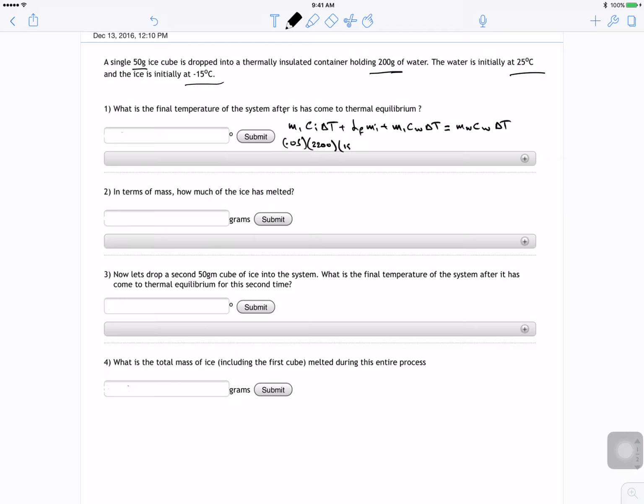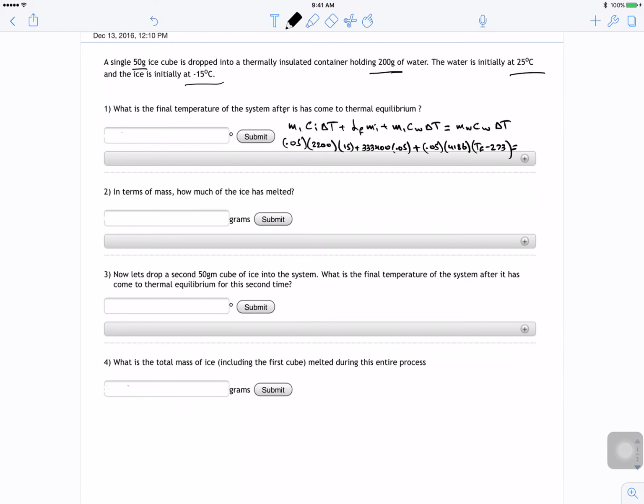So the difference is 15, plus 400 times the mass of the ice, which is 0.05, plus mass of the ice 0.05 times 4186 times delta T. Delta T is going to be going from T final minus 273. Okay, this is going from 0 Celsius to whatever T final is.